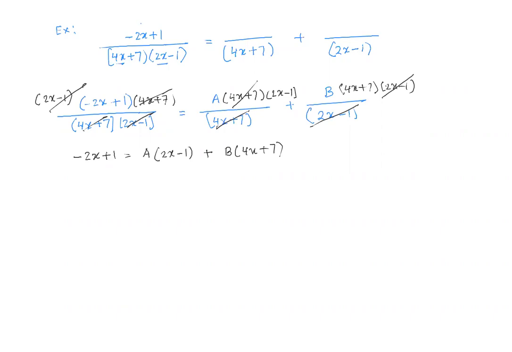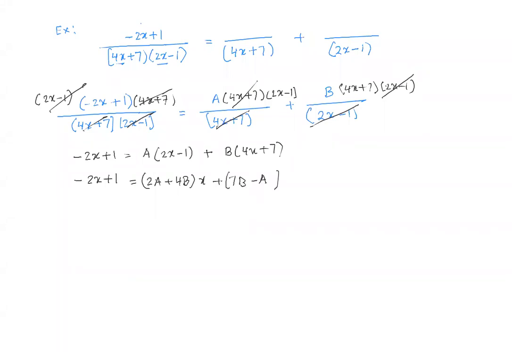Now, I'm gonna do it quickly. Negative 2x plus 1 is equal to, I'm just gonna save time because you have seen it before, 2a plus 4b times x plus 7b minus a.